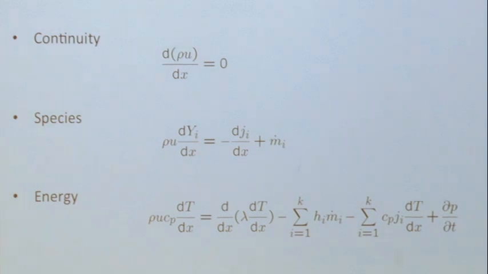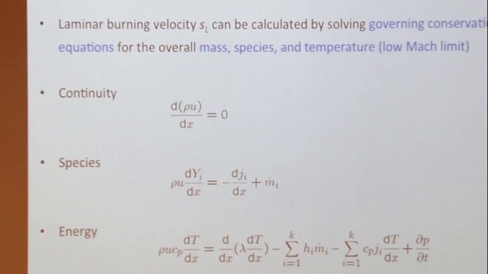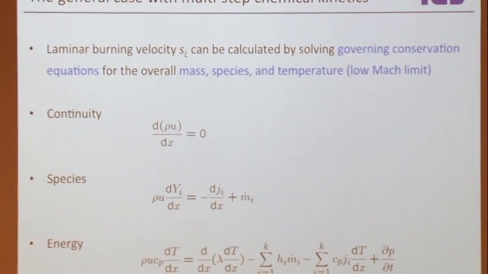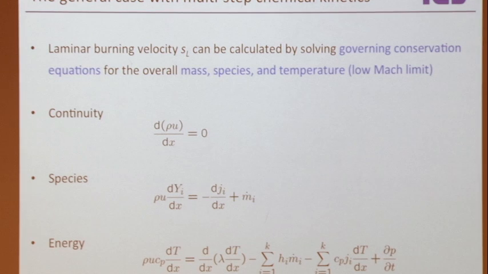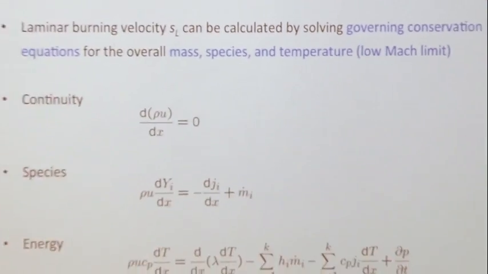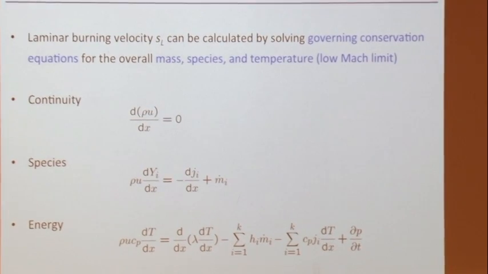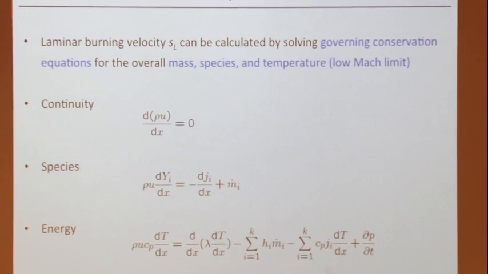So this is the low Mach number limit. This approximation comes from an asymptotic expansion for low Mach number. And it turns out, if you do that, then all the acoustic pressure waves disappear from the problem.